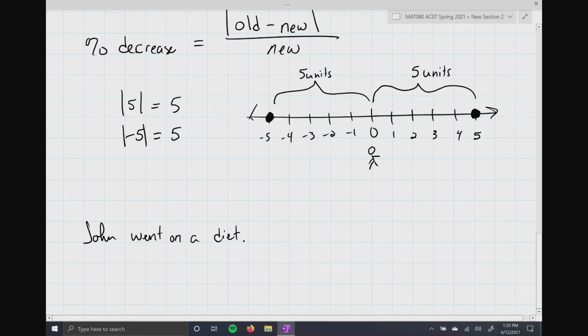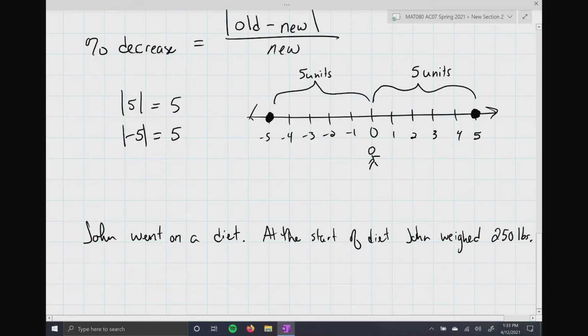John went on a diet. If you haven't noticed, that's me. So at the start of the diet, John weighed 250 pounds, which is true.